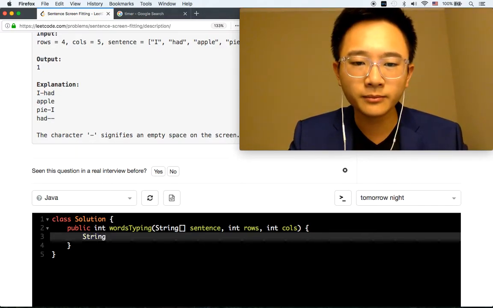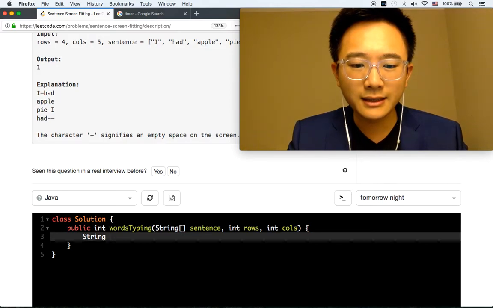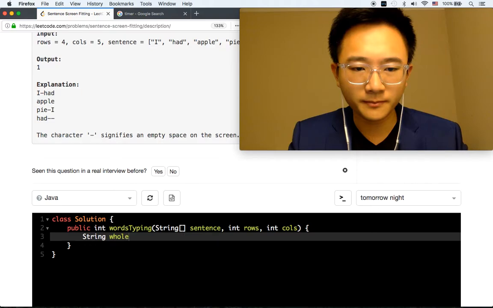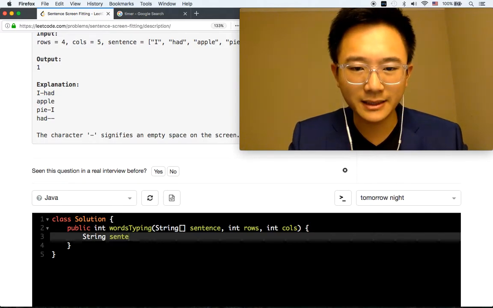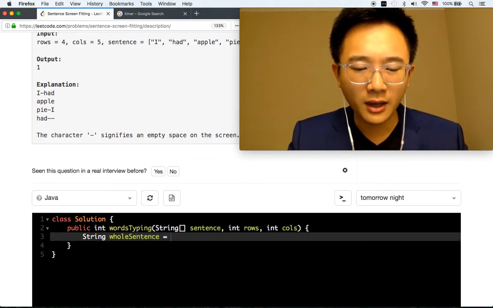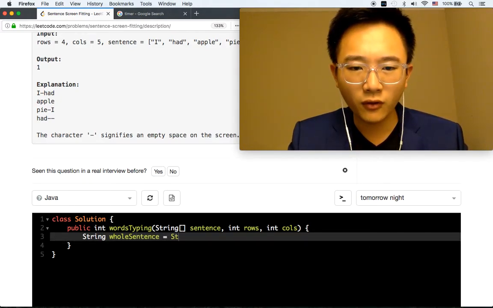So string, let's get whole sentence. Oh, you know what? Let's just get sentence. Well, that's overlap. So it's a whole sentence, all right? It is equal to string join.